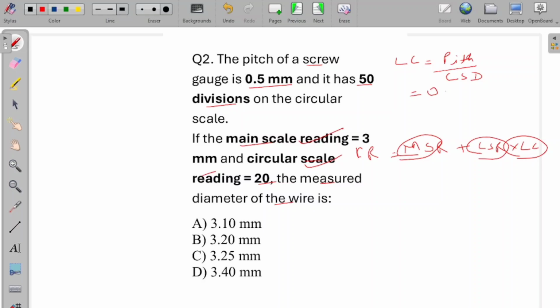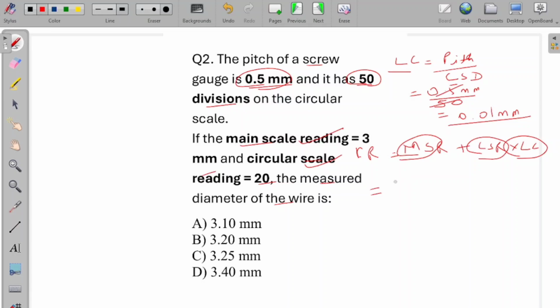Pitch is 0.5 millimeter given in the question and number of circular scale divisions is also given in the question, 50. So on solving it further we will get 0.01 millimeter as the least count.